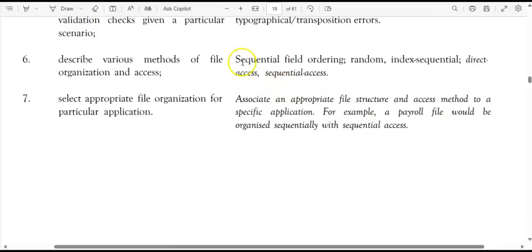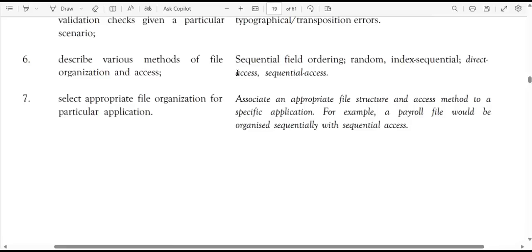So we're going to explain all of this. When we talk about file organization, we are referring to how data is stored in a file, and access methods describe how that data is retrieved.